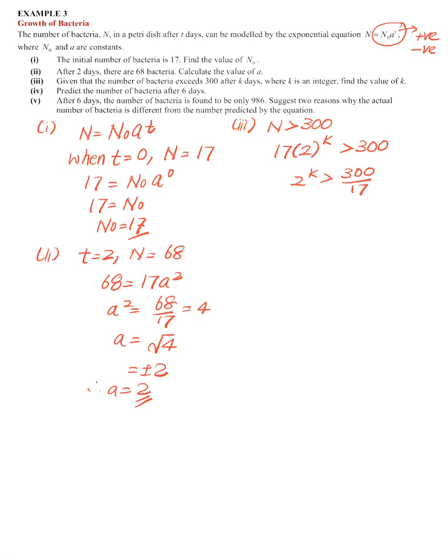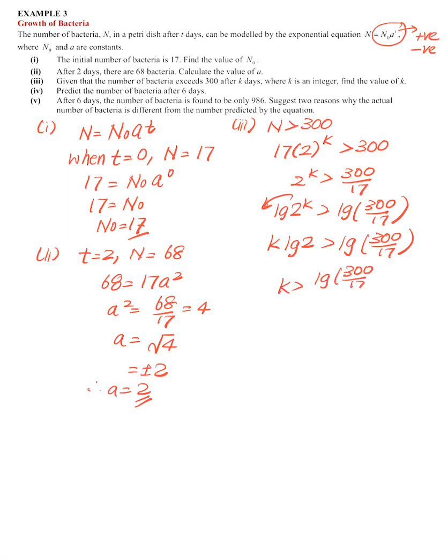Then again, you have your exponential equation, so take lg: lg 2 power k is more than lg 300 over 17. Bring the power to the front, so k lg 2 is more than lg 300 over 17. So k is more than lg (300 over 17) over lg 2.